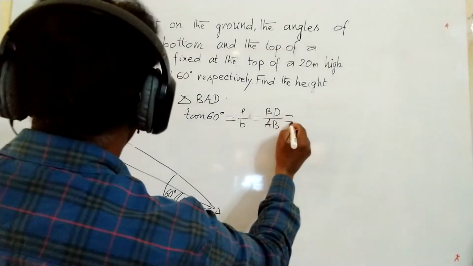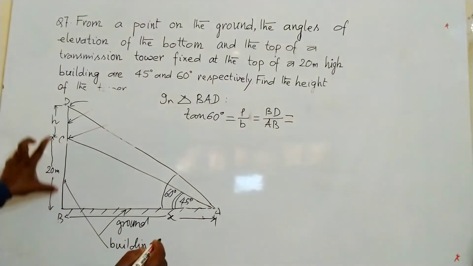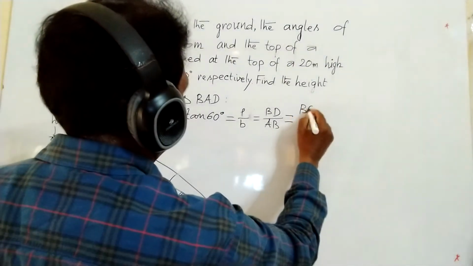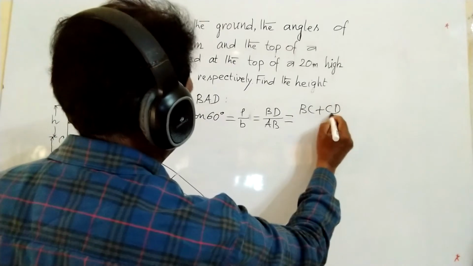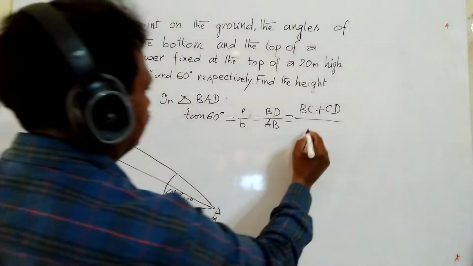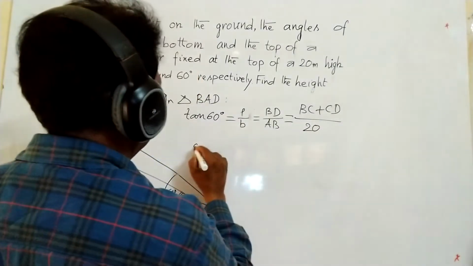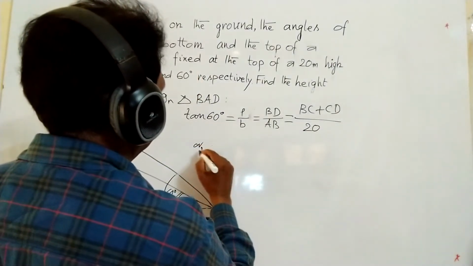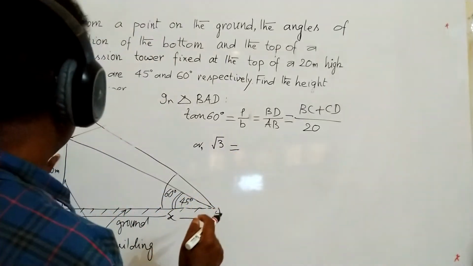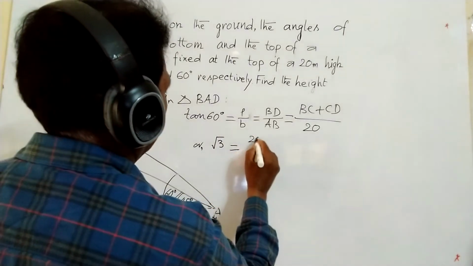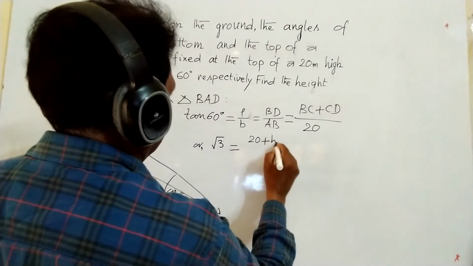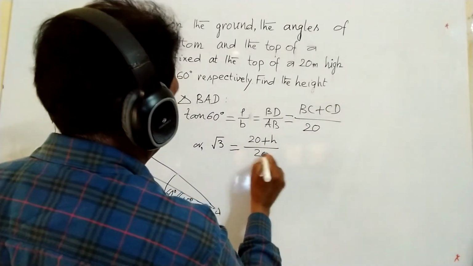And we know BD is BC plus CD. AB we have already determined, that was 20 meter. And tan 60 degree we know is root 3, BC is 20 meter, and CD is h, and the base is now 20.